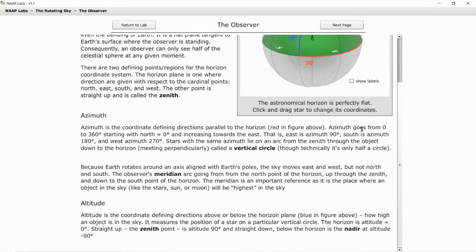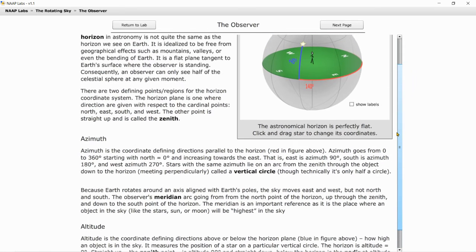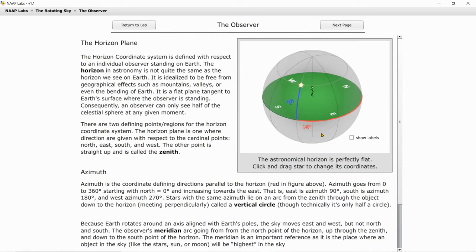But let's take a look at this again, and it's probably easier for me to explain this to you. If I tell you that you can see Mercury right now at, we'll just say, this star right here, I could tell you it has an azimuth.